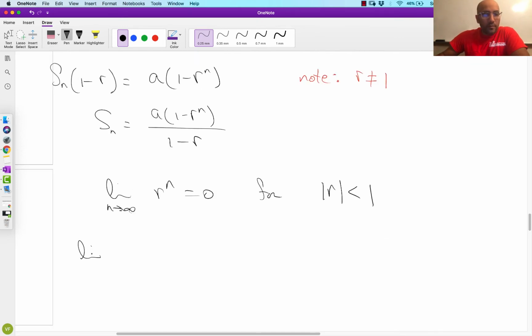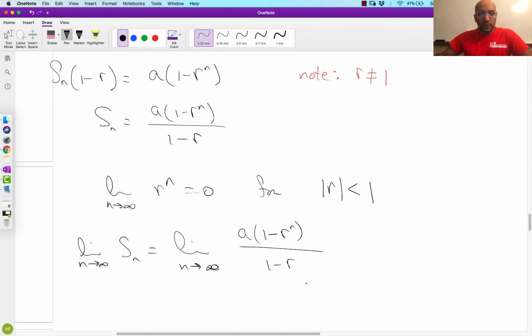So then the limit as n goes to infinity of s sub n is equal to the limit as n goes to infinity of a times 1 minus r to the nth power all over 1 minus r.